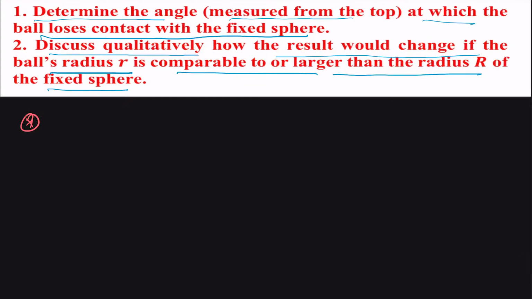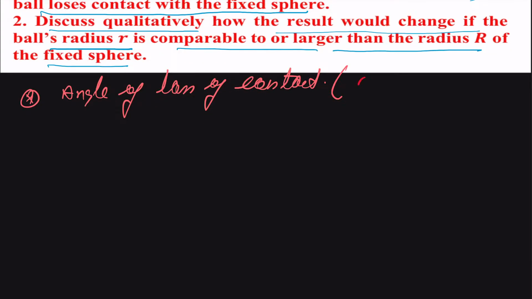So first is our angle of loss of contact, and this is under the condition that our small r is very much less than our capital R. And we are given that we have a bigger ball whose radius is given as capital R, and above that we have a small ball and its radius is given as small r.